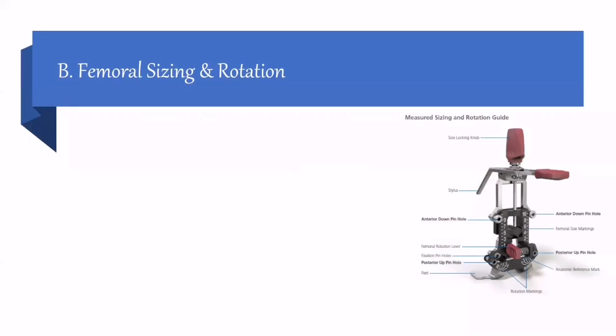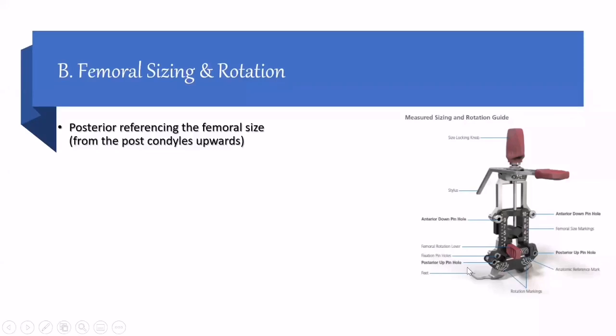Regarding the femoral size, after we make this cut, as we all know from the previous webinar, it is perpendicular to the mechanical axis by 7 or 6 degrees valgus. For femoral sizing and rotation after that, there is posterior referencing or anterior referencing, and we will see later what the differences are.